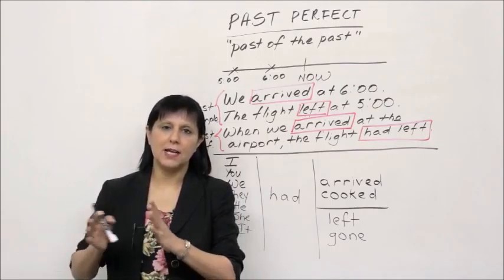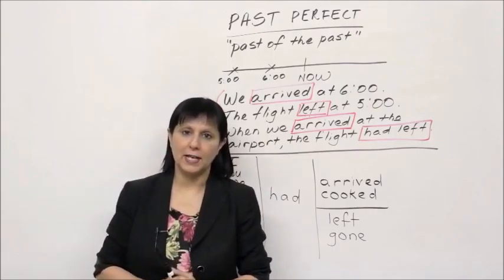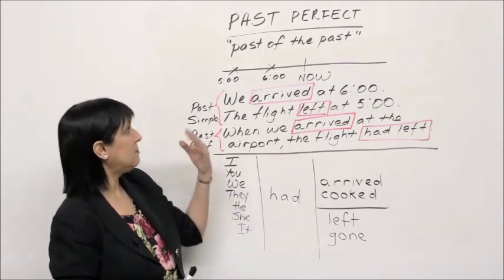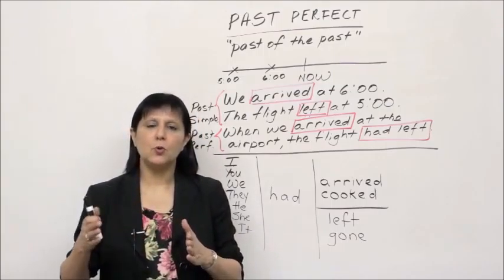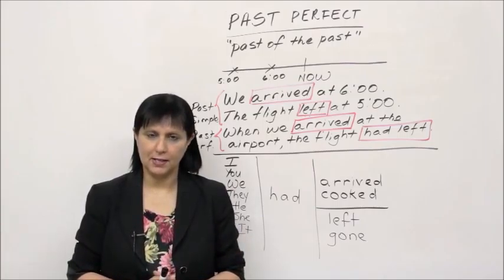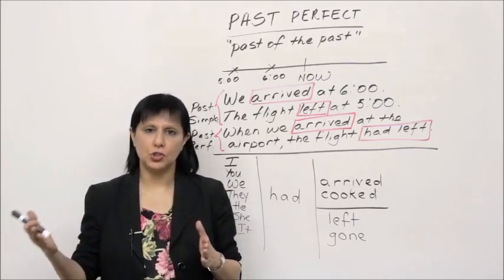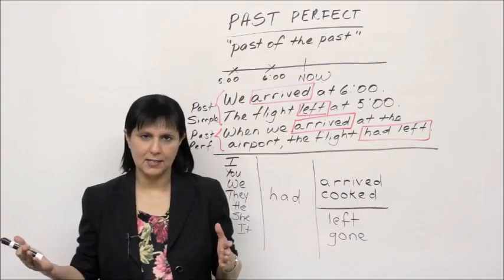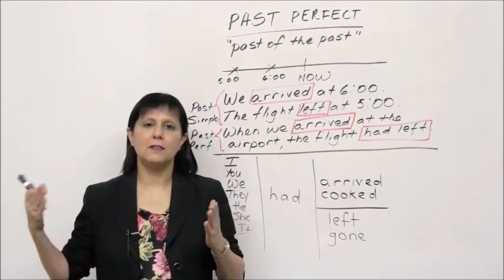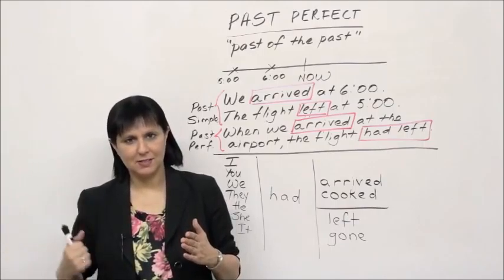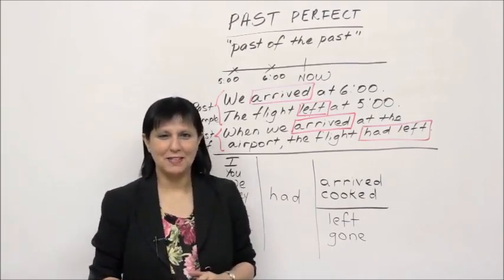Or even a few things that happened at the same time, more or less. But the past perfect tense is used when we're talking about two or more things that happened in the past, and you want to indicate which of these two things, let's say, happened first in the past. Okay? What do I mean by that?